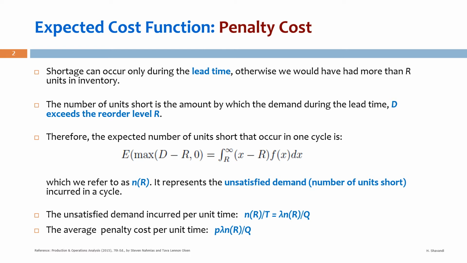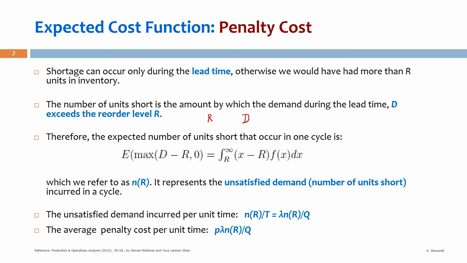So during the lead time, we may have shortage, right? So let's say at the time that we place a new order, we have R units in our inventory. And let's show the demand during the lead time by D. That's a random variable, right?